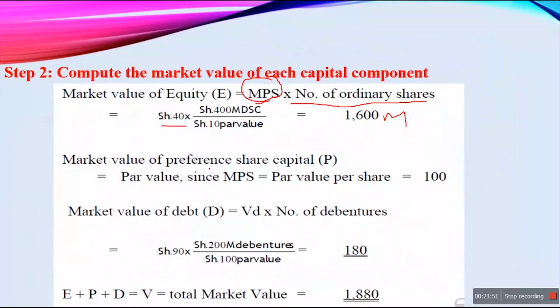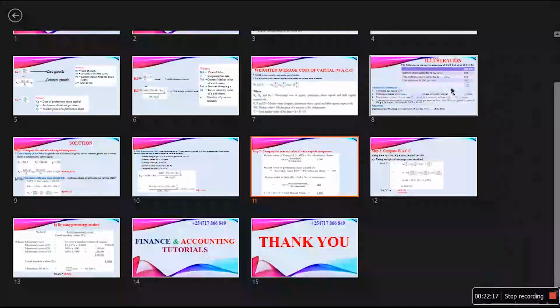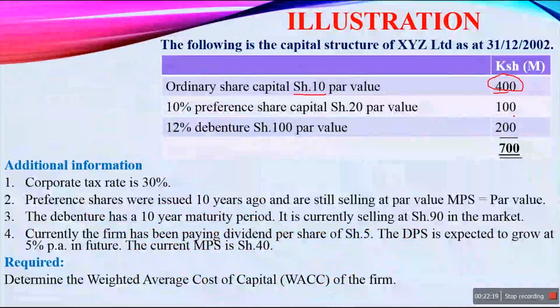Then the market value of preferential capital, again remember each share is selling at par, that is 20 shillings, and that will tell us that the total market value would be 20 multiplied by the number of shares. That will be the total amount that was raised. If you look at that, they raised a total of 100 million, and they were sold at 20 shillings.